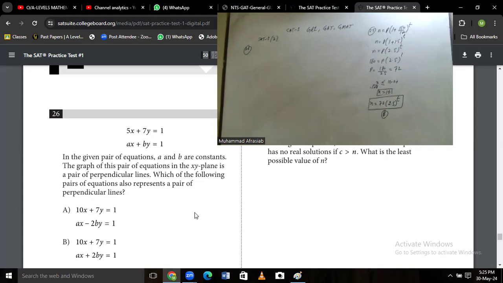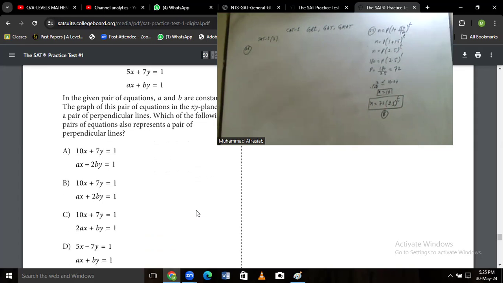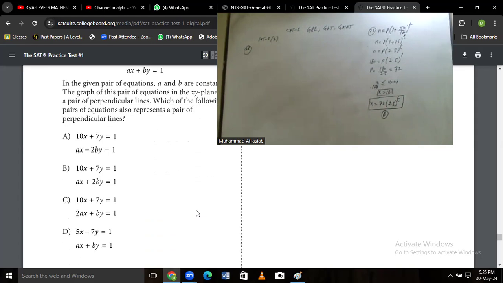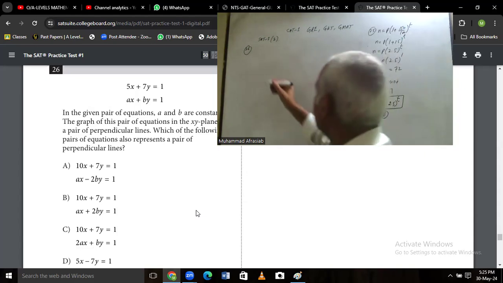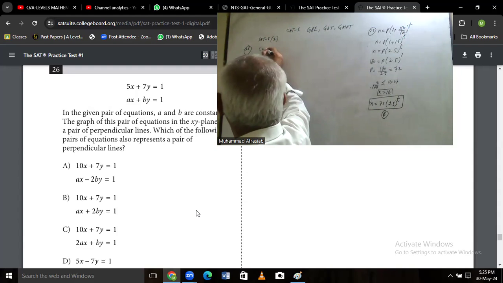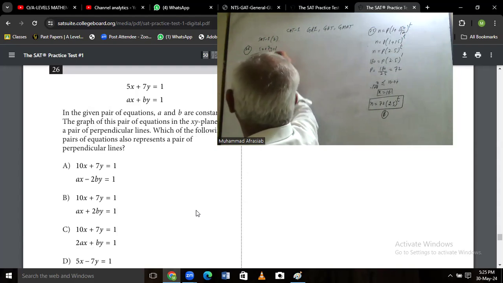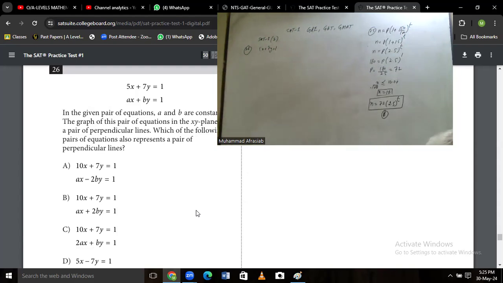We know that there are four equations given here, and the main equation is 5x plus 7y is equal to 1, and ax plus by is equal to 1.